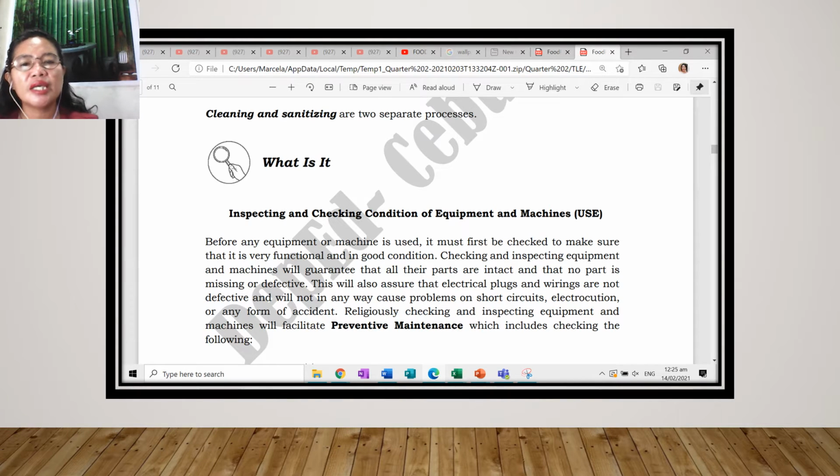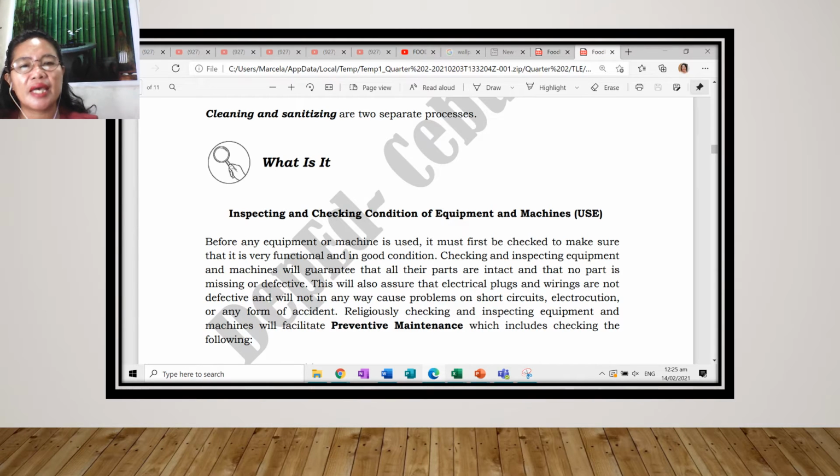Checking and inspecting equipment and machines will guarantee that all their parts are intact and that no part is missing or defective. This will also ensure that electrical plugs and wirings are not defective and will not in any way cause problems like short circuits, electrocutions, or any form of accident.